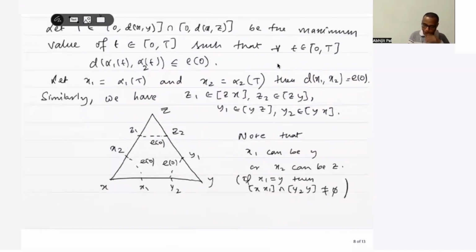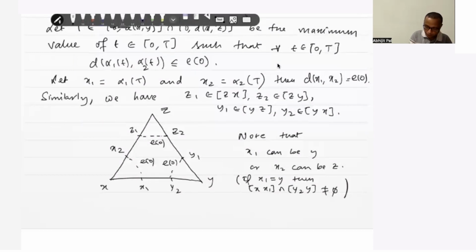So we can split this triangle in the following way. For the vertex X, we got these x1 and x2 such that this distance is exactly equal to E naught.